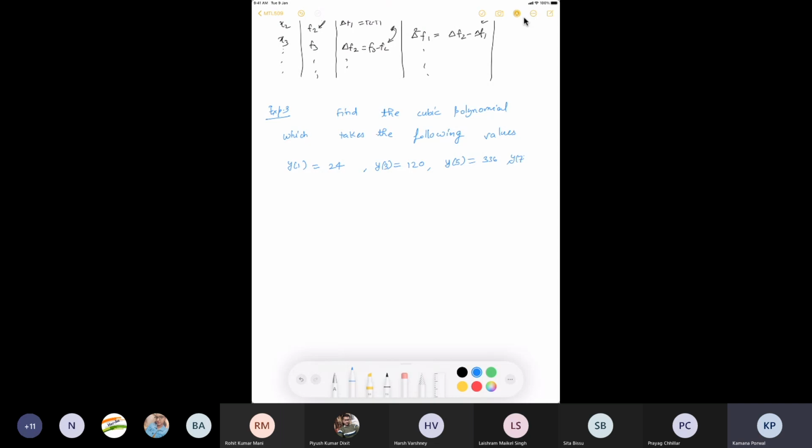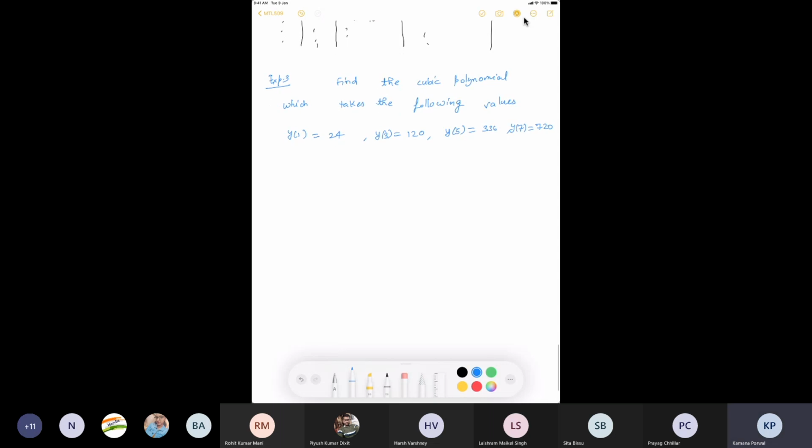And y at 7 is given to be 720. Okay. So let's try to solve it. Let's add one more part here. Once you find the cubic polynomial, you have to find the value of y at 2.